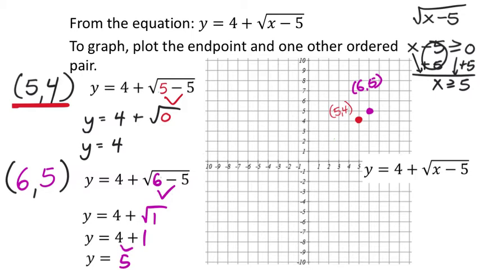So what I want next is when I take the x and subtract 5, I want it to equal the next perfect square, which is 4. And we know that the square root of 4 is 2, right? So that x right there, I'm going to replace it with some value so that when I subtract 5, I get 4, right? Well, that would make the x value 9.